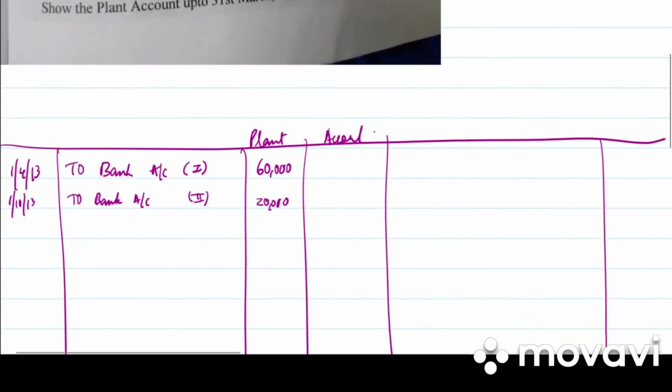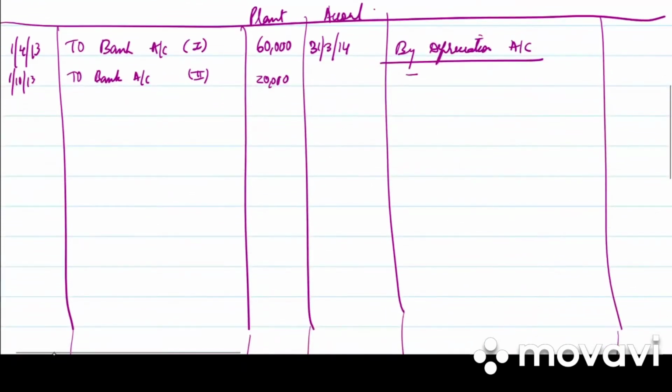Okay. After this we need to have depreciation on 31st March 2014. By depreciation account, under that we have machine 1, machine 2, or you can write M1, M2.